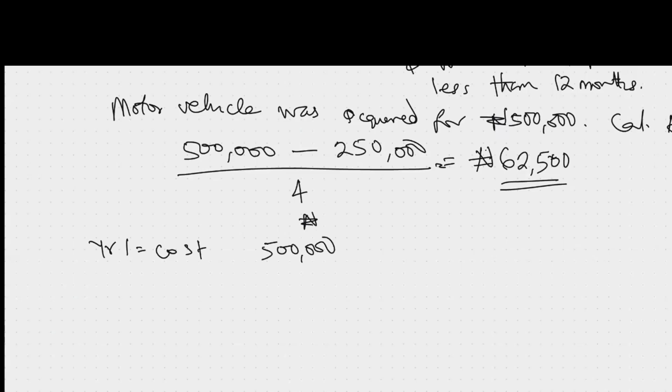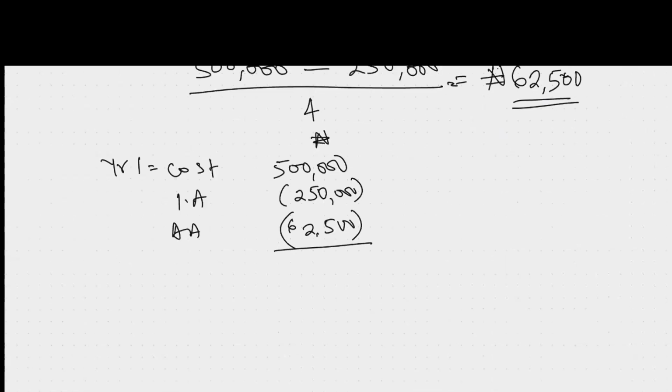Your annual allowance is 62,500. What is my tax written down value? Tax written down value is equal to cost minus the initial allowance minus annual allowance. So give me a value.